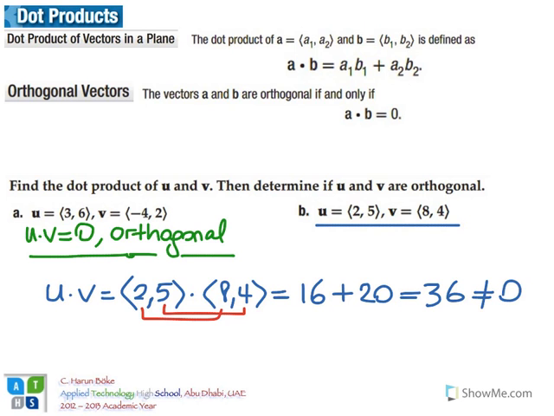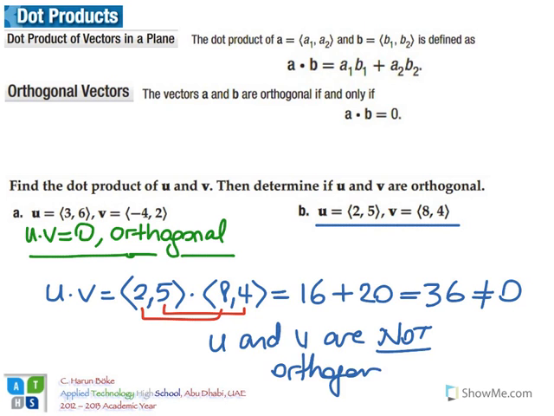So we are going to say U and V are not orthogonal. So the angle between them is not 90 degrees. We are going to see in another video how to find the angle between two vectors if it is not 90 degrees.